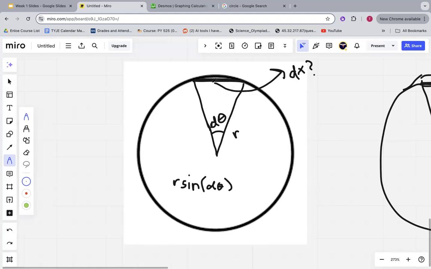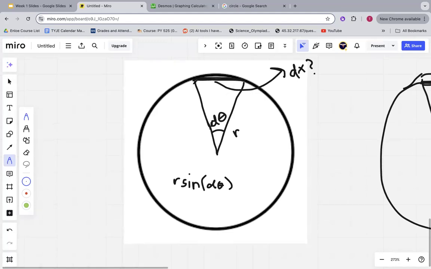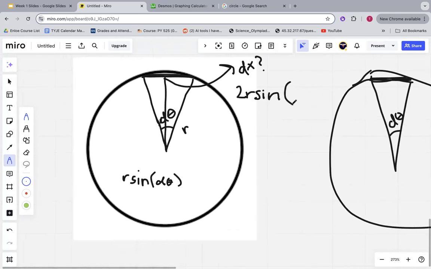How did y'all get r sine d theta? The way I would do it is I'd split this in half and I would get 2r sine of d theta over 2, because we're taking this half piece of angle here, taking the sine of that and multiplying by r gets us this length here. And multiplying by 2 gets us this full length.